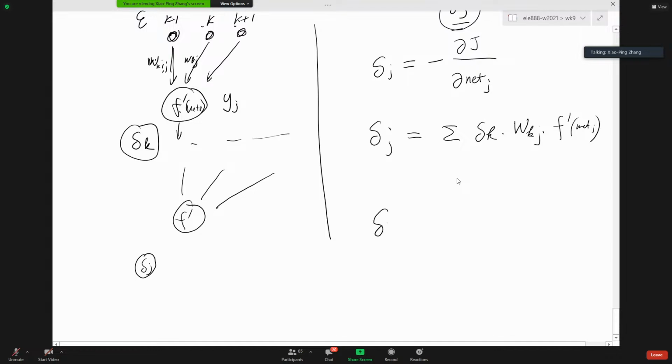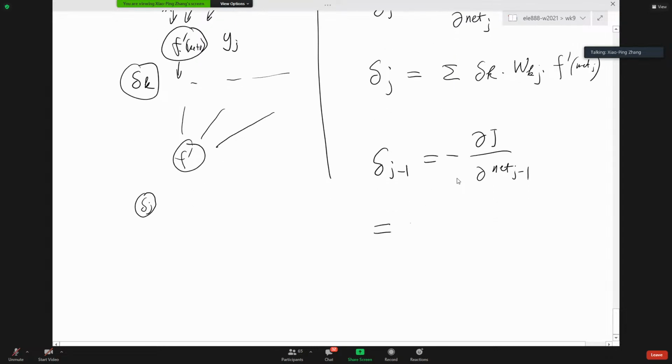If I write one more step, right? One more step would be, let's say we go down to J minus 1, partial J by partial net J minus 1. And that would equal sigma delta J times WJ, here would be the J minus 1 layer.